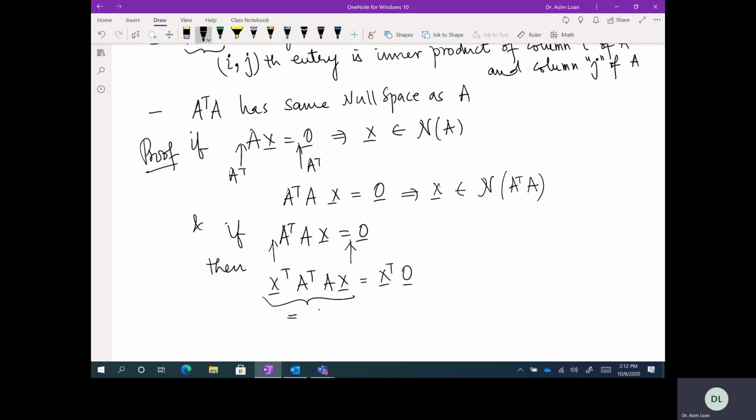This one is simply the norm of Ax squared, because the norm of x squared is simply x transpose x.